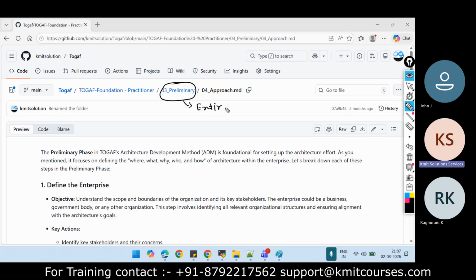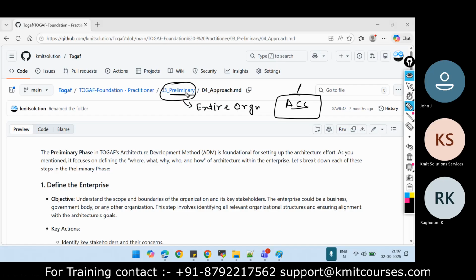For example, you are working for the accounting system project, or the financial system, or some system which is a part of the organization. But you need to know the entire organization point of view. Yes, definitely we need to know who the stakeholders are and what the different business units are. That's why it is called the preliminary phase.